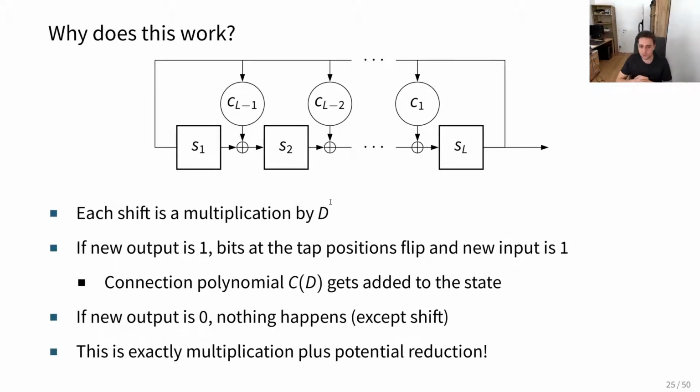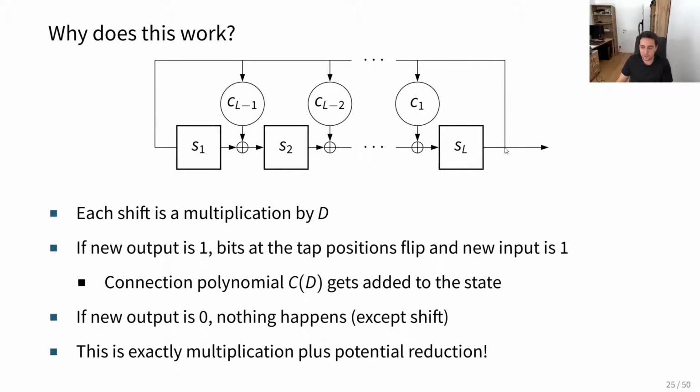For example, if you have some bit value and you shift it to the left, then you essentially multiply it by 2, in base 2. If we have the indeterminate D here, then in this polynomial representation we multiply by D. Okay, so this is the first operation we do, we multiply by D.